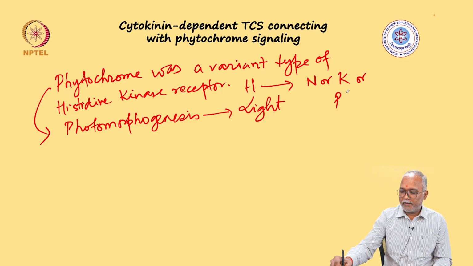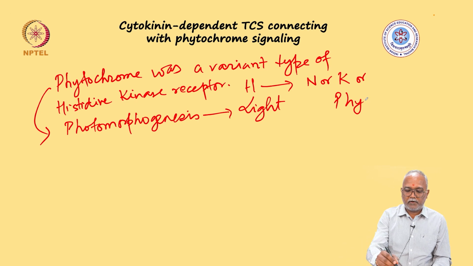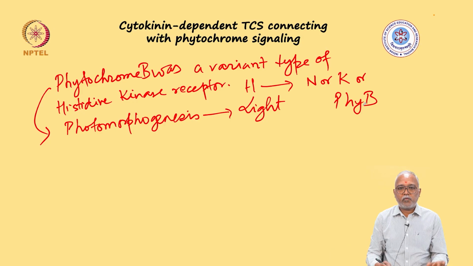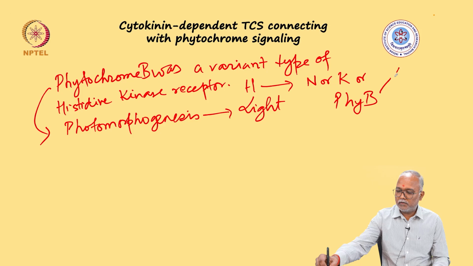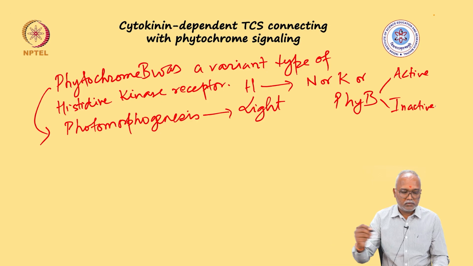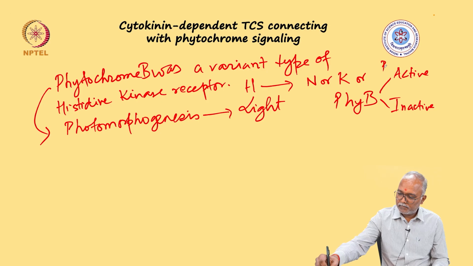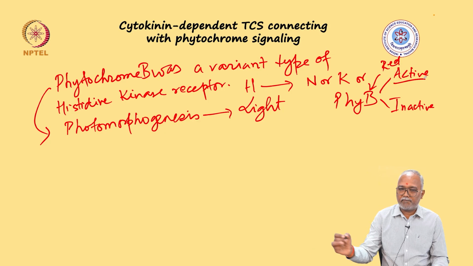If I say Phi and take the example particularly of phytochrome B, depending on which light is present, it is in an active state or in an inactive state. So if you have red light falling on the phytochrome B, it switches into the active mode, and when you have far red light, it switches back into the inactive mode.